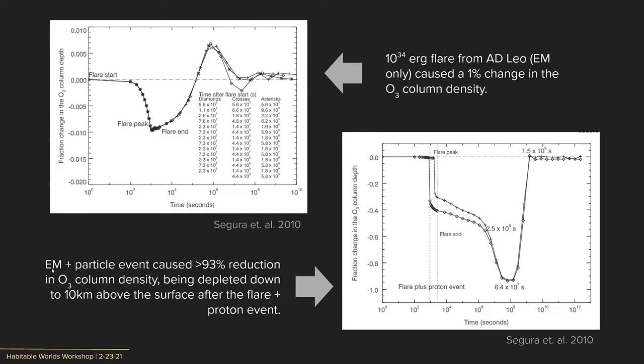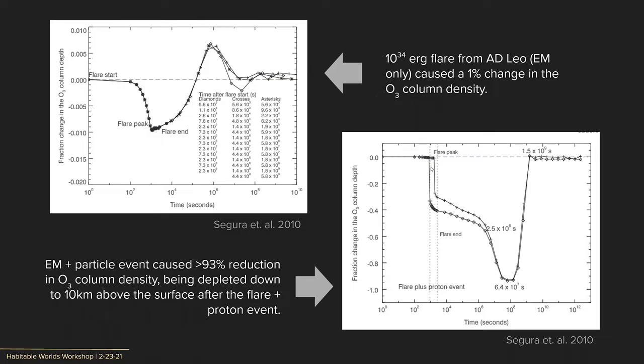Now, when they included a particle event with the flare, the results changed pretty drastically. We can see here that the initial flare does alter the ozone column depth a bit, but what is causing the vast majority of the loss of ozone is the particle event.